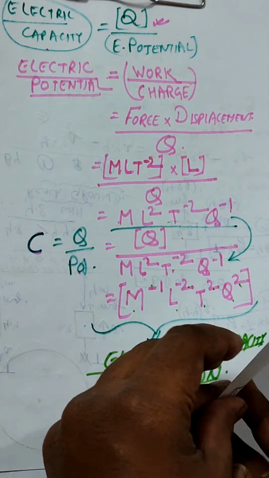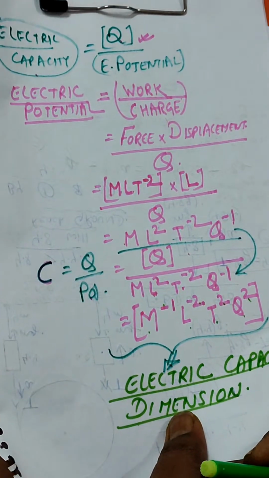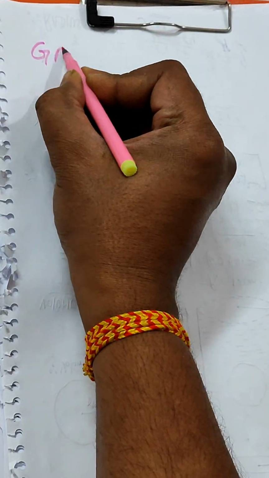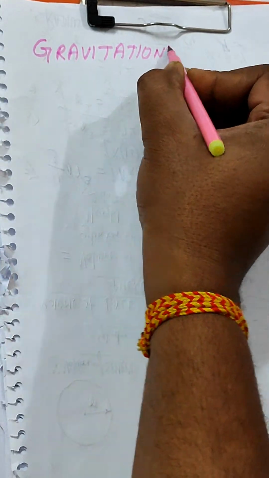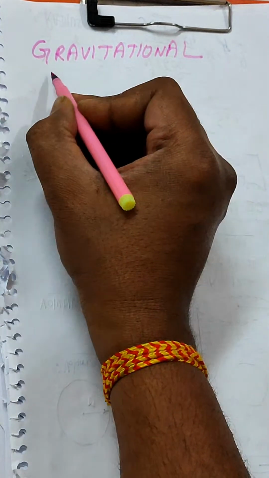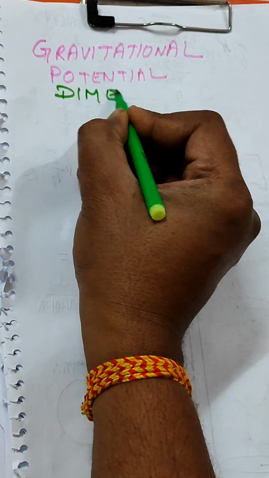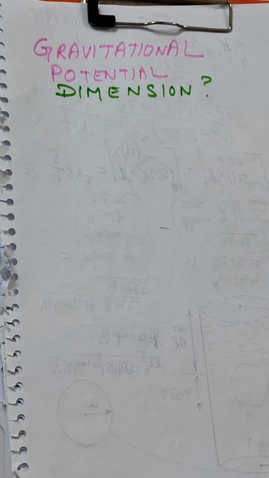Okay. Now we'll calculate the dimension of gravitational potential, which I have also put into the shorts. So let us calculate the gravitational potential dimension.